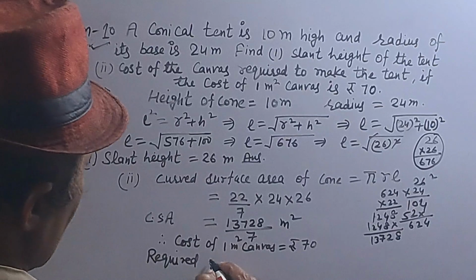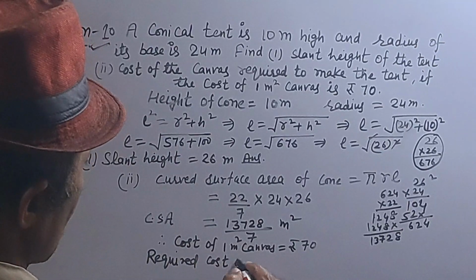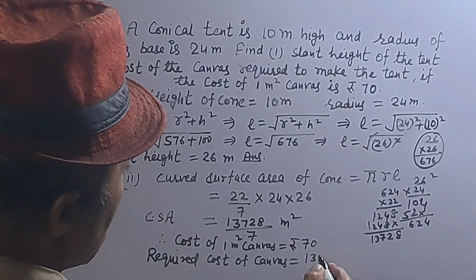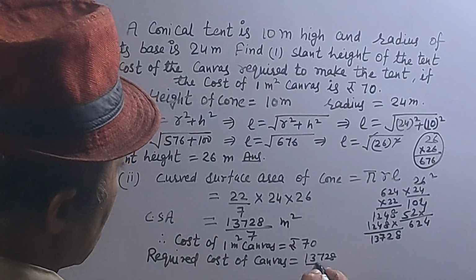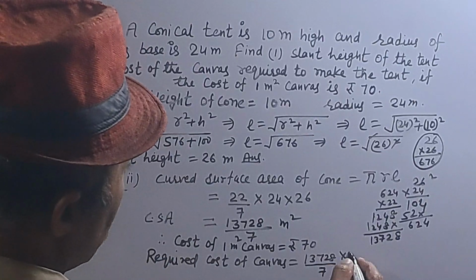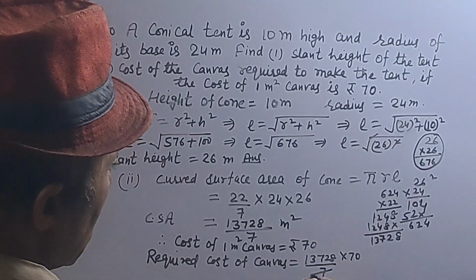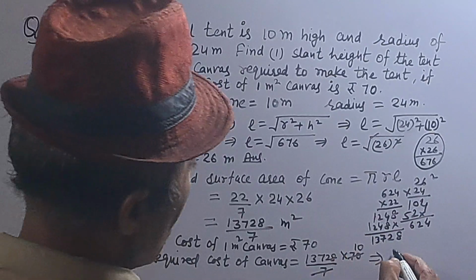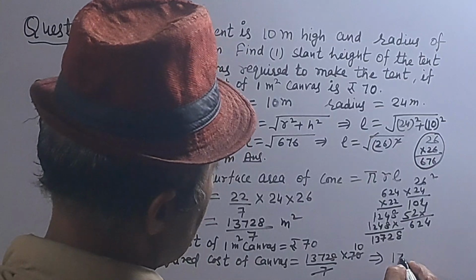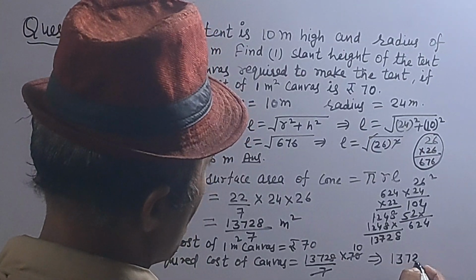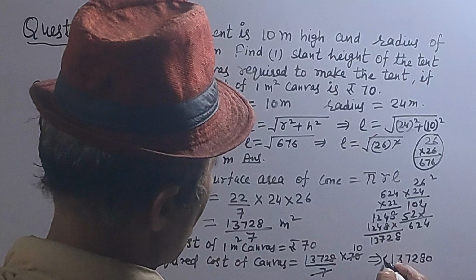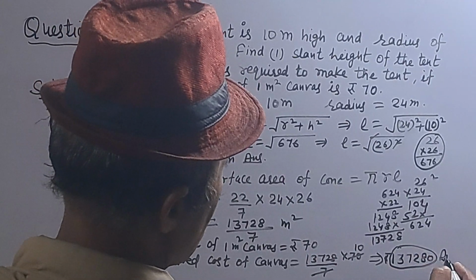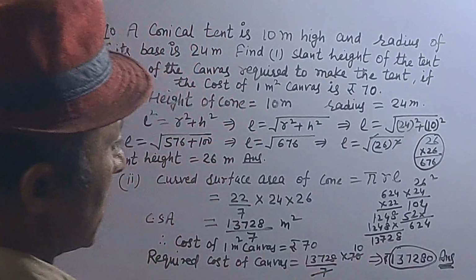Required cost of canvas is equal to 13728 upon 7 multiplied by 70, which implies 137,280 rupees. Answer.